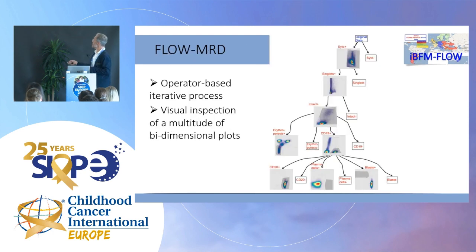That's how it's done. You start, you see what all your nucleated cells in the sample are, you eradicate anything which is a doublet, you go for the intact cells which nicely represent non-apoptotic cells, and then you can go for the lineage.